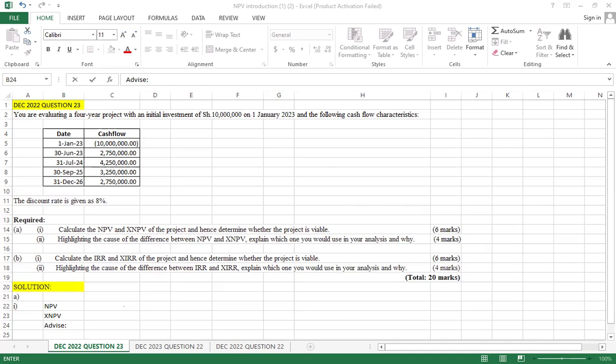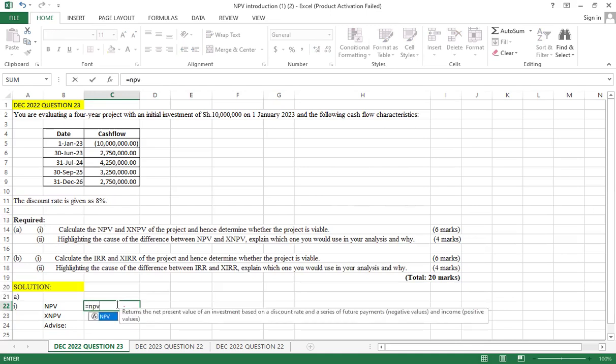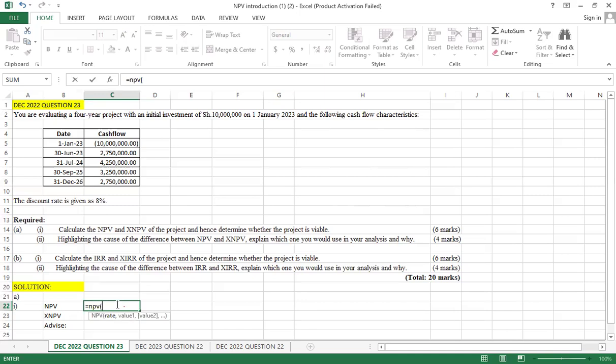Now, if you remember from the very first class, we said that there is a formula for this. And what did we say is the formula? We had said that for us to calculate this, start with an equal sign. So you type NPV, and then you'll have the open bracket.